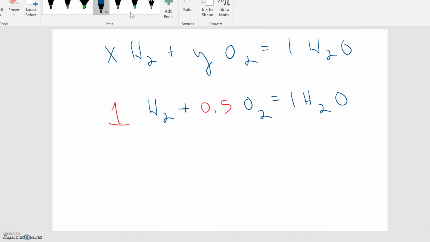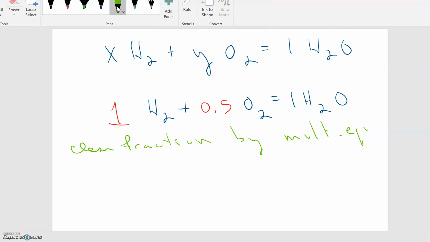So we're going to multiply by a value that clears the fractions. We need to clear the fractions by multiplying the equation by an appropriate value. Since 0.5 is 1/2, let's multiply by 2.